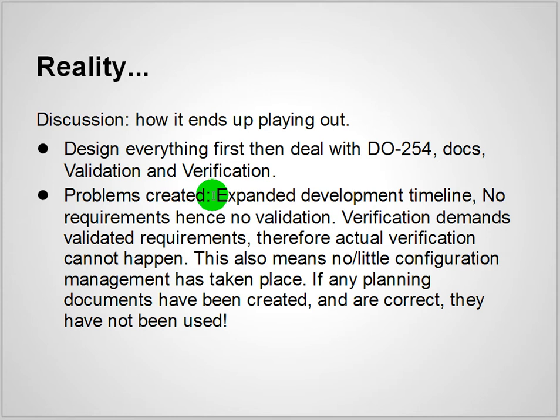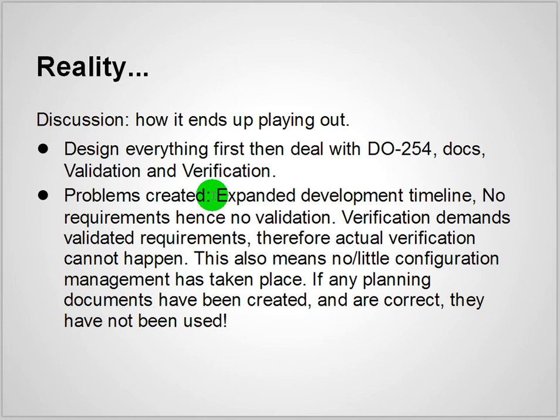And if you wait till the end, then all that you have done for the design and even in your planning documents, which should have been created at the beginning of the process so that you can abide by them, which are derived from RTCA DO254 in large part, you are probably not following those process documents, based upon DO254.